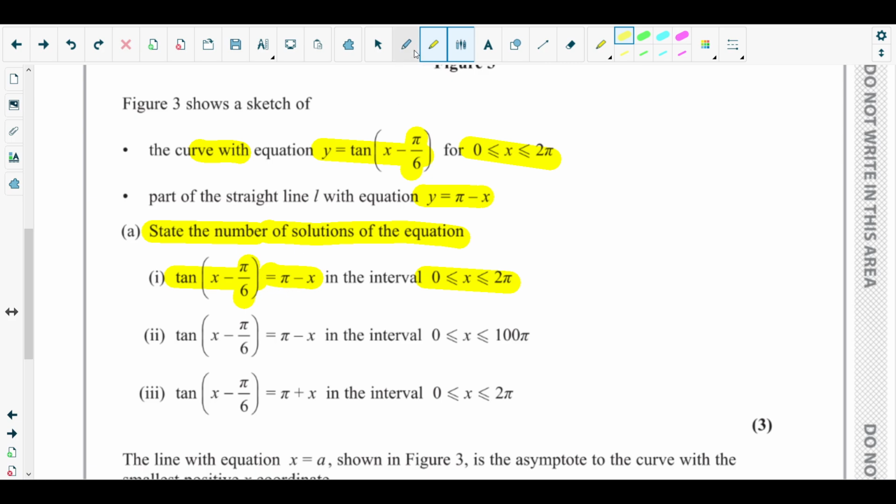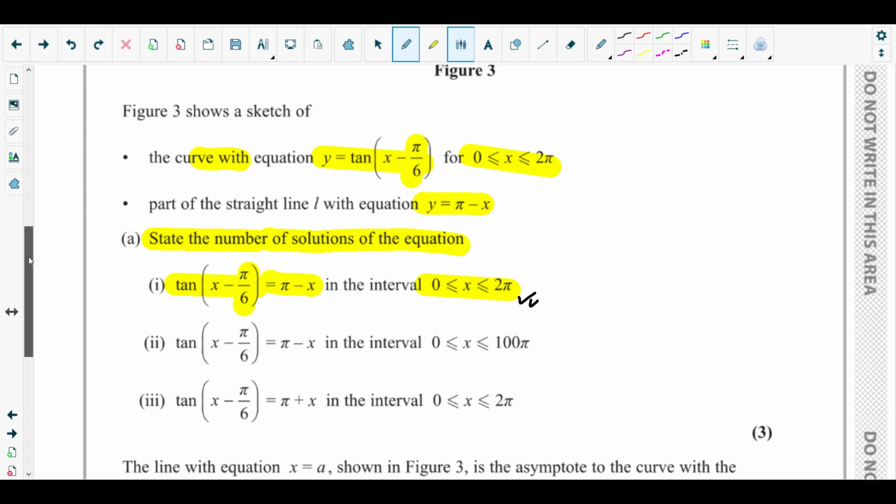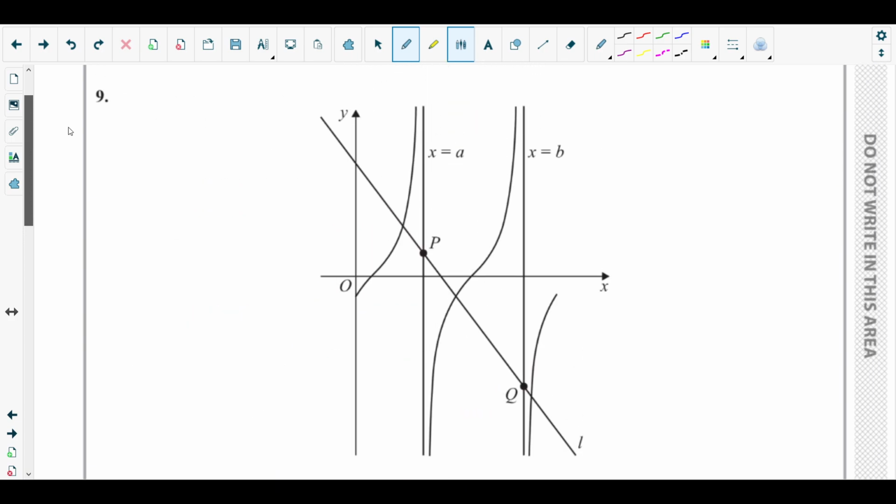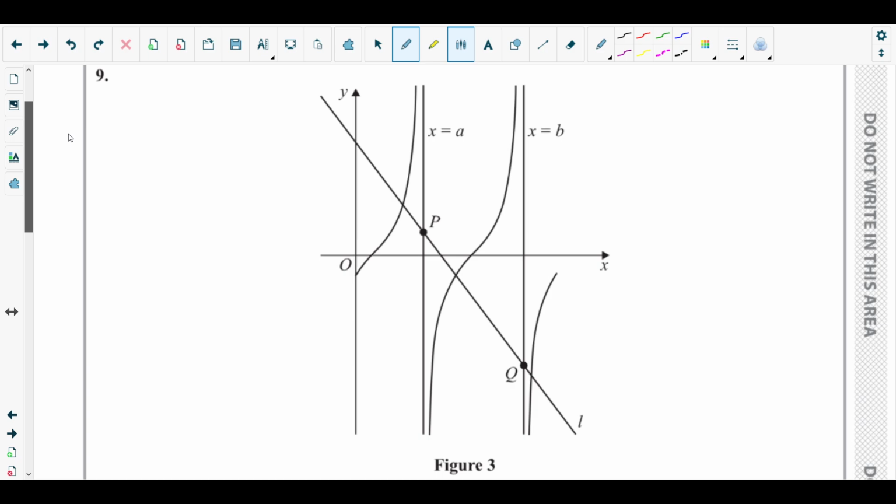So what does the number of solutions represent? This equation represents the points of intersection between the two curves, or two sketches. So the number of solutions is basically the number of points of intersection between the two sketches.